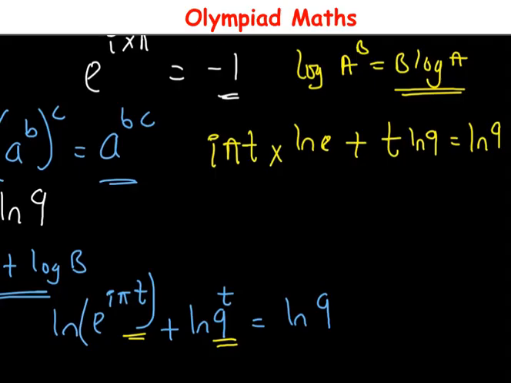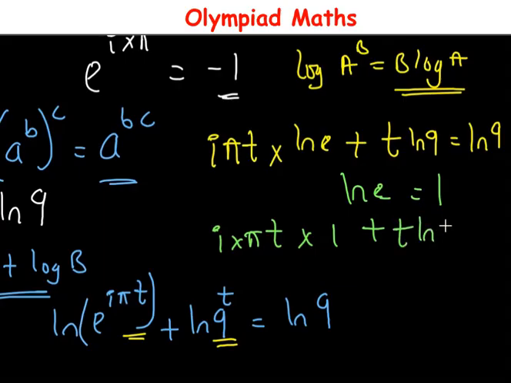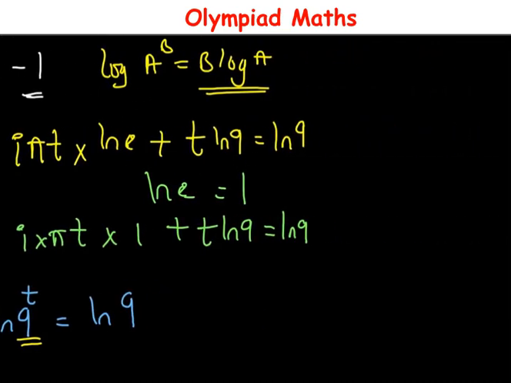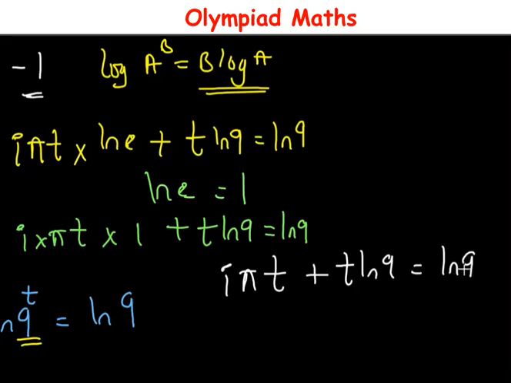From here, the value of ln e is equal to 1. So this becomes i pi t times 1, plus t times ln 9 is equal to ln 9. Multiplying i pi t times 1 gives i pi t, plus t times ln 9 is equal to ln 9.